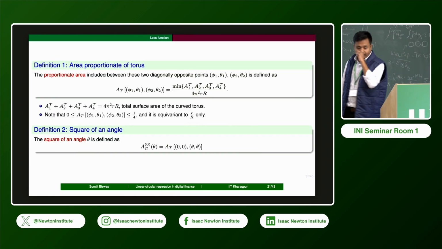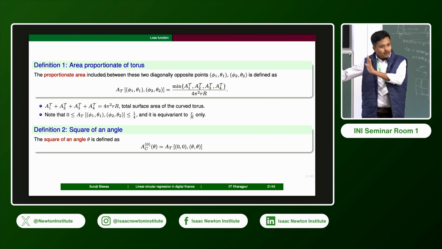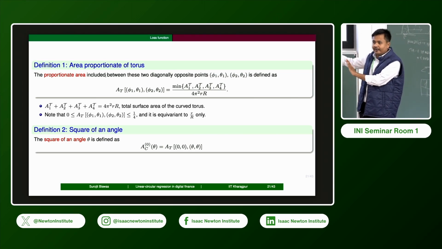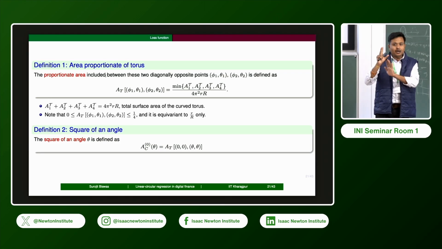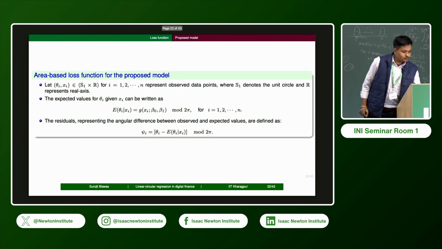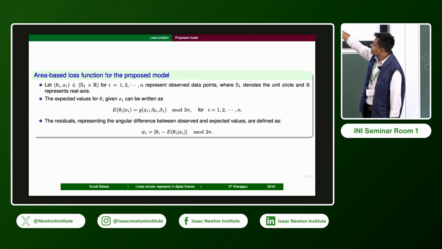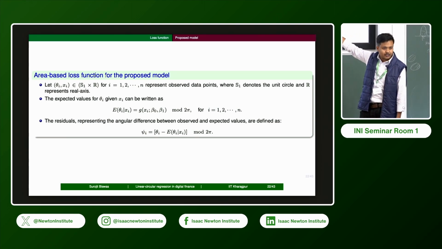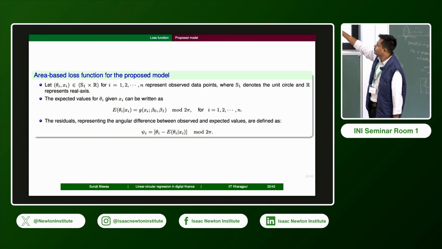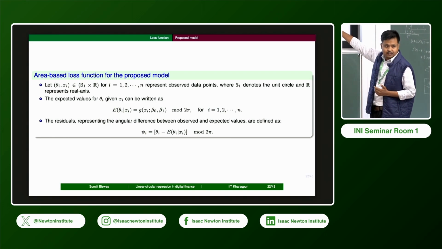So now we define the square of an angle given by this definition 2. Now we will use this square of an angle to minimize the loss function for our proposed linear circular regression model. For that, let theta and xi, the point, come from a cylinder, as you can see, S1 cross product R, and the expected value of theta is given by this.